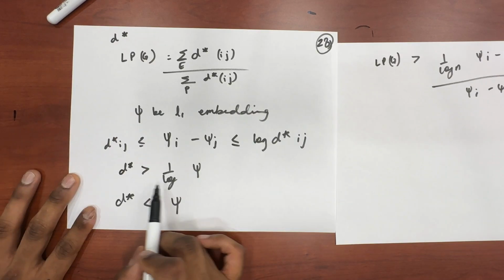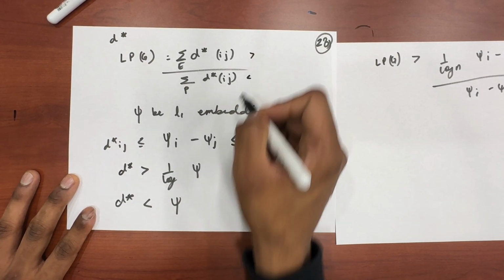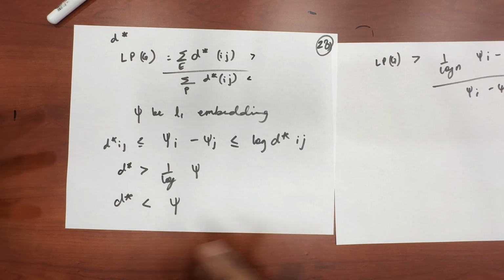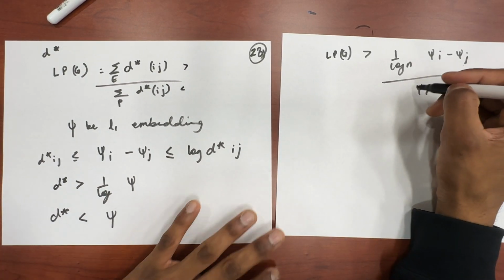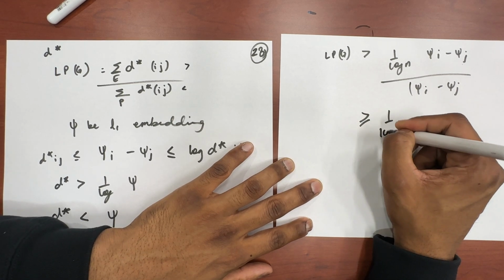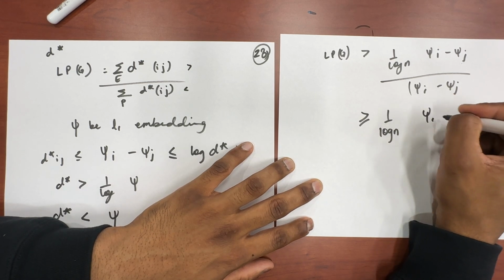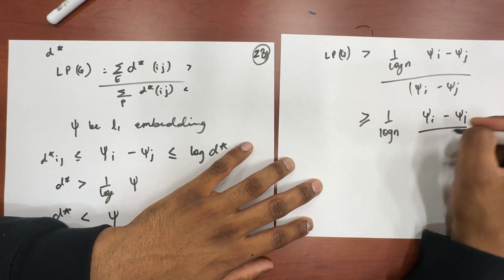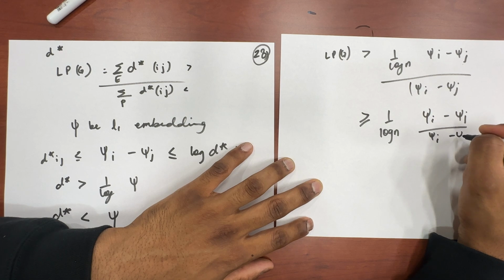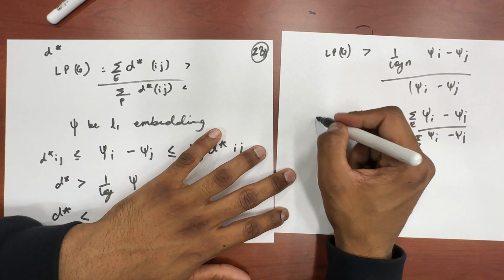I put that d star is greater than something in the numerator and d star is less than something in the denominator, so the division will always be greater than this particular quantity. That's the LP.